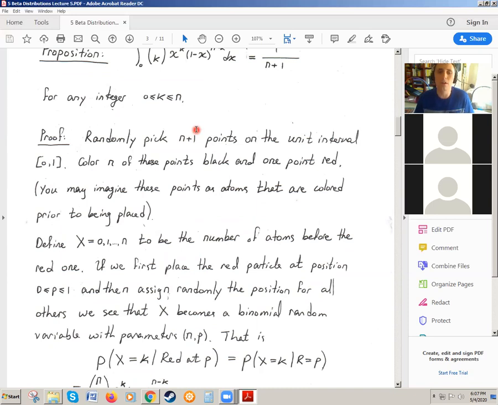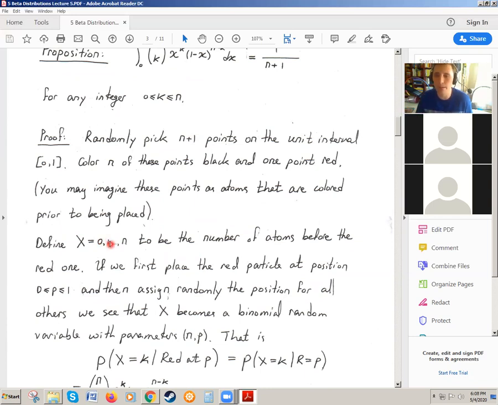Okay, so then you might define the following random variable X. X is the number of black particles before, or to the left of, the red particle. So X could equal 0, which means that red is the leftmost particle in the interval, or it could equal 1 or 2 or all the way to n, right?